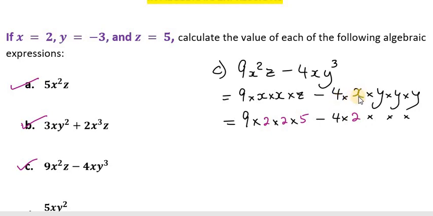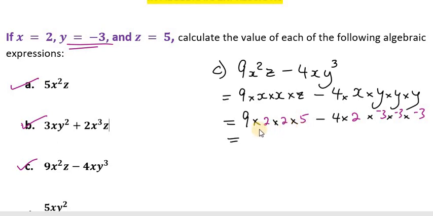So it's 4 times 2 times the y value, which is negative 3, times negative 3 times negative 3 again. So y, as we're seeing here, is negative 3. So we replace y here, here, and here in 3 parts with negative 3. So let's simplify now. So we say 9 times 2, that's 18.